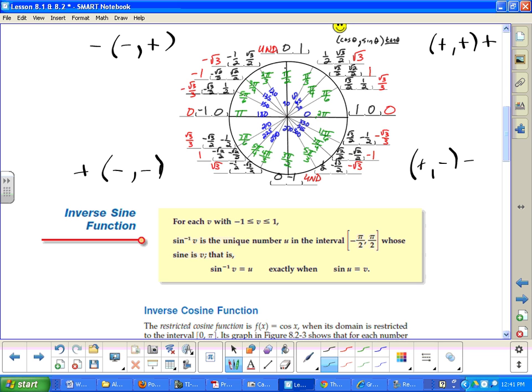So for sine, we have to be able to restrict it so that we have an interval that we can use. And if I went from 0 to pi with it, we have both positive values there, so it wouldn't do us any good. So we're going to do the fourth quadrant and the first quadrant from negative pi over 2 to pi over 2.